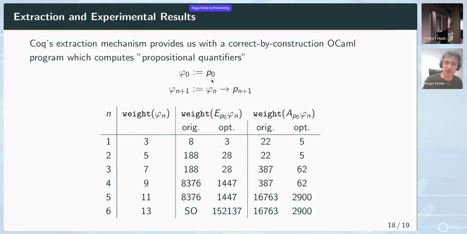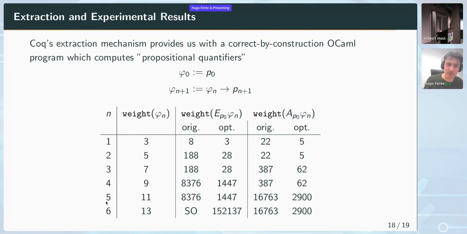So if you get the formula phi n, which is n arrows, and you put the variable you want to eliminate on the left-hand side, really deeply at the deepest, then you obtain a formula which has very large quantifiers. So E P phi and A P phi are pretty large, and they grow exponentially.